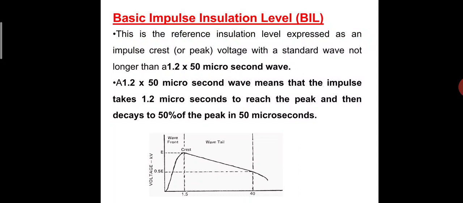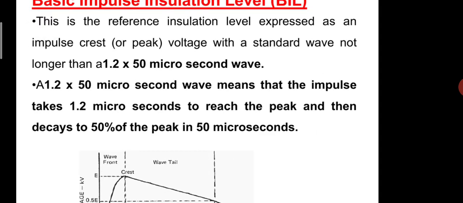A 1.2 by 50 microsecond wave means that the impulse takes 1.2 microseconds to reach the peak and then decays to 50% of the peak in 50 microseconds. See the diagram.